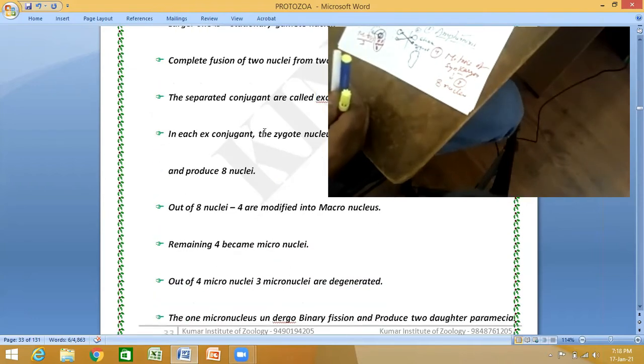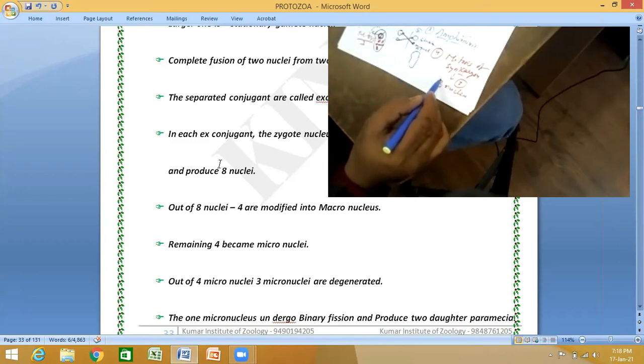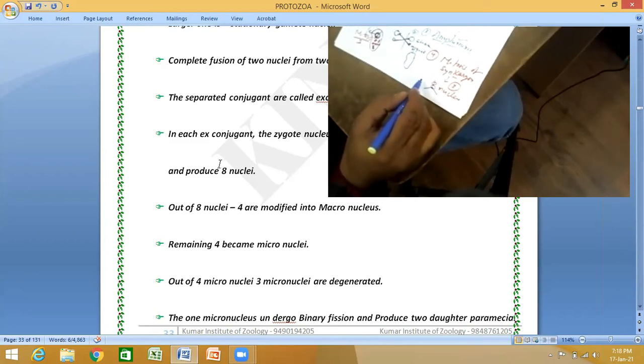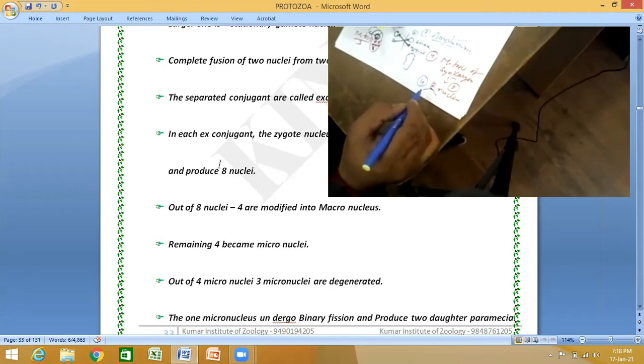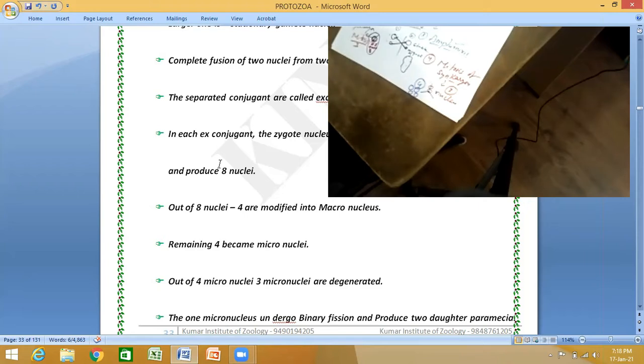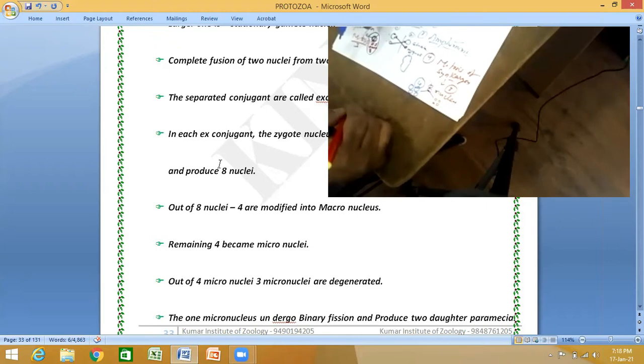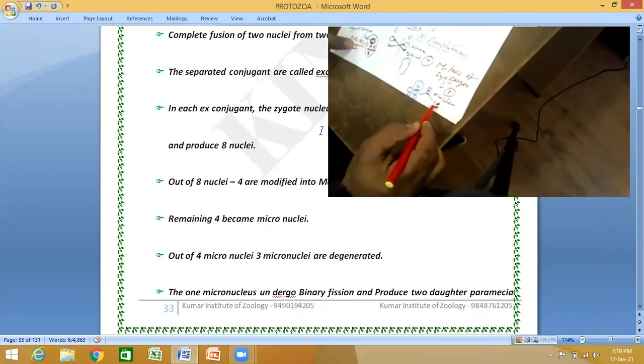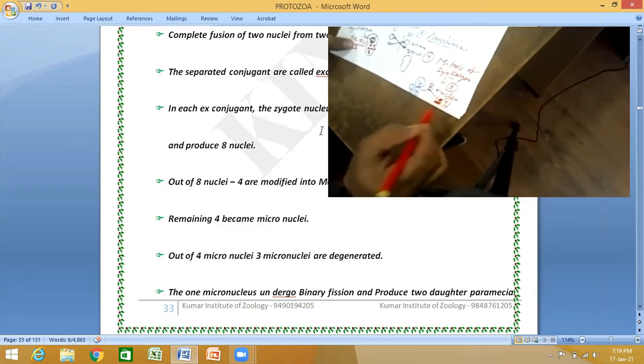Out of the eight nuclei, four are modified into macronuclei and the remaining four become micronuclei. So four macronuclei are created. Out of the four micronuclei, three degenerate and only one micronucleus remains.